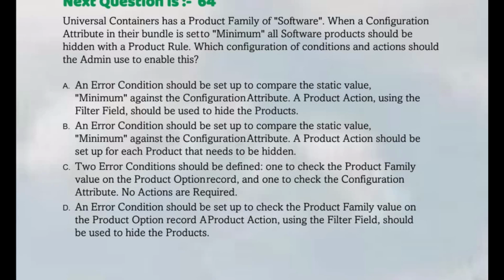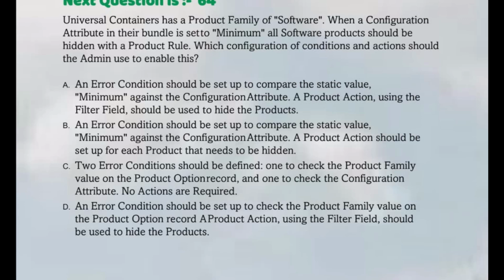No actions are required. Option D, an error condition should be set up to check the product family value on the product option record. A product action using the filter field should be used to hide the products. Correct answer is option A.